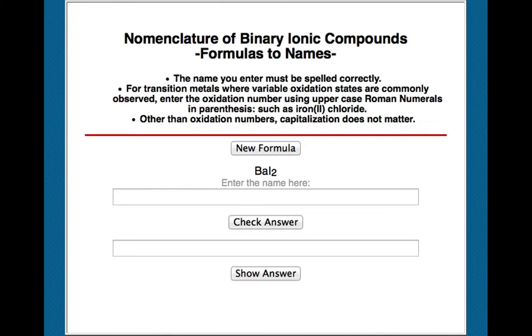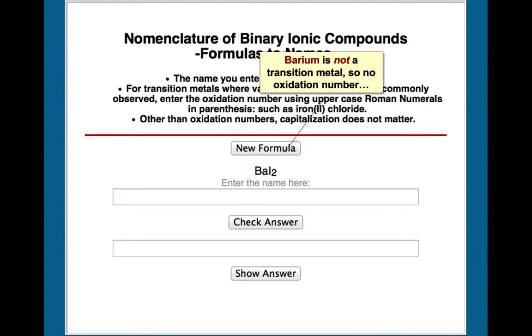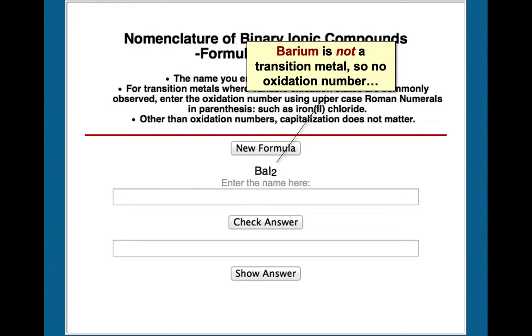First thing you have to do is look at the formula and decide if your metal here is a transition metal or not. So you look at the periodic table. Barium, right here in group 2, not a transition metal. All right, so we simply write the name as barium iodide.